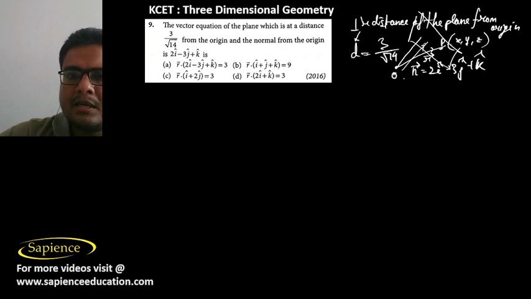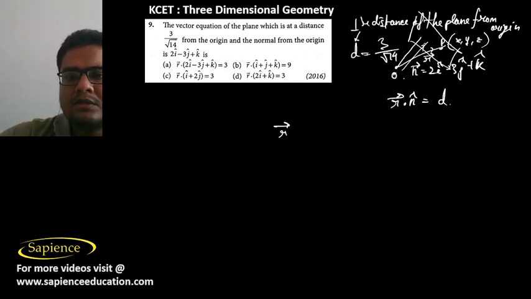So I can say that r vector dot n cap is equal to d.